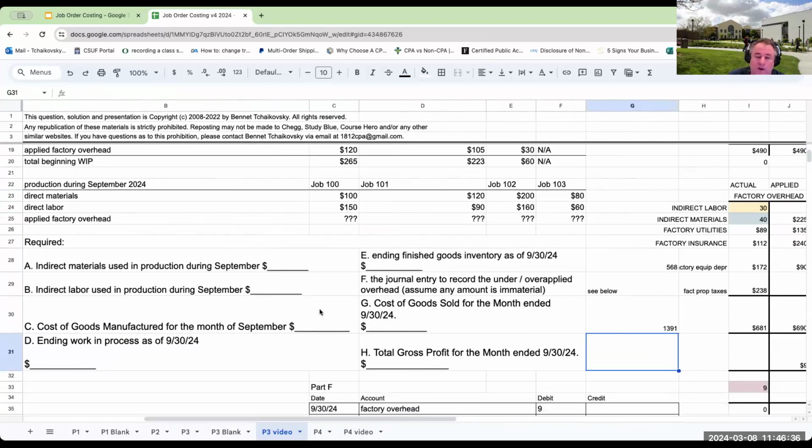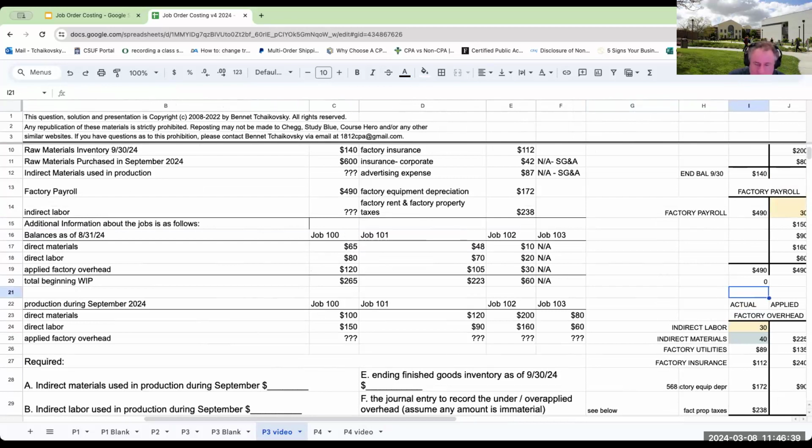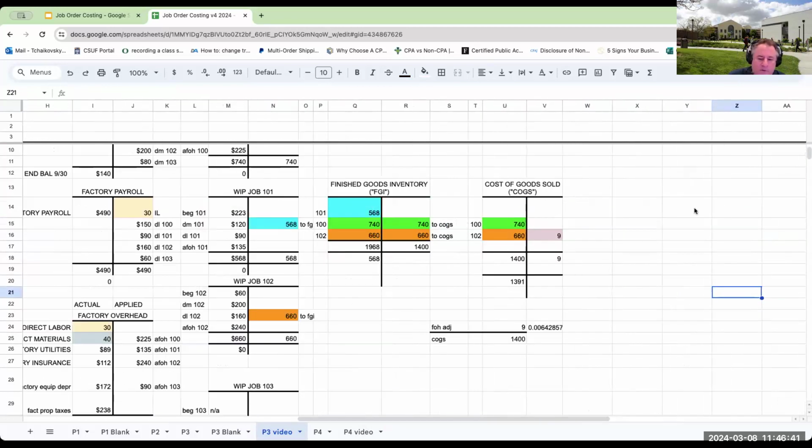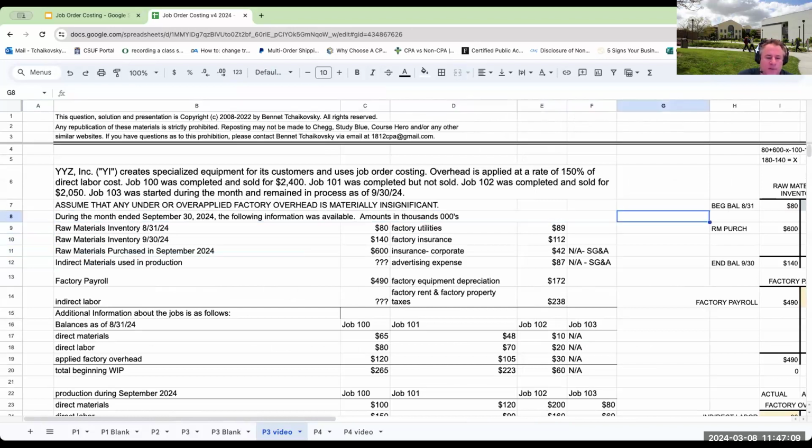Now, my gross profit. If we remember from our multi-step income statement, sales less cost of goods sold is equal to our gross profit. We're not asked to do a full-blown income statement, just this part over here. So for my sales for job 101 and job 102, my total revenue from those jobs is coming right over here.